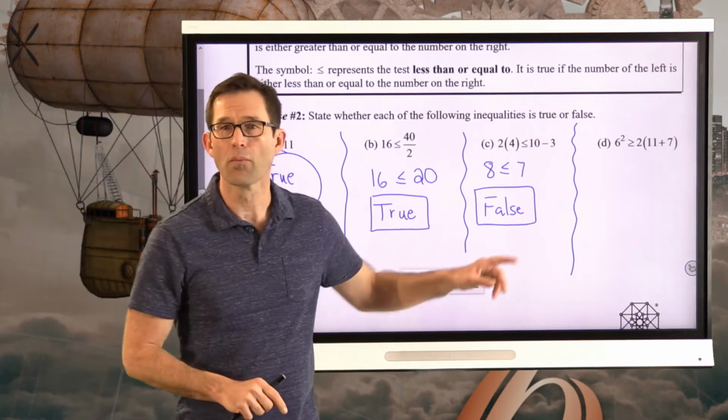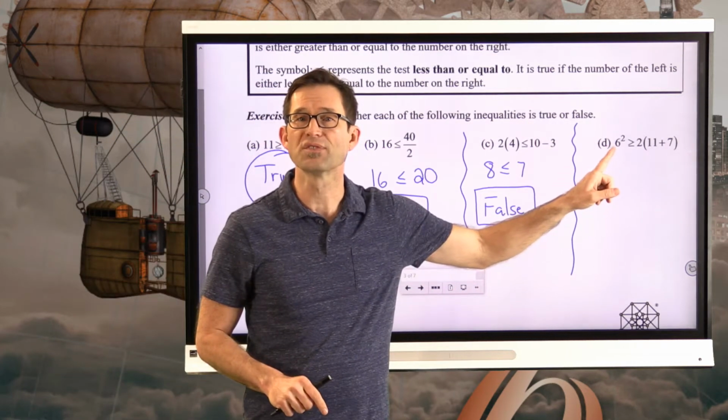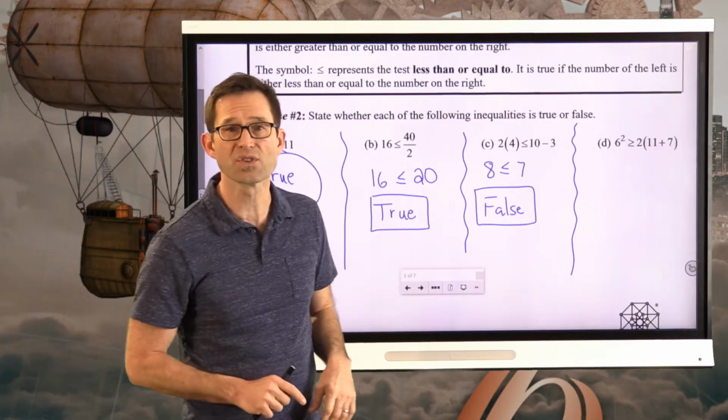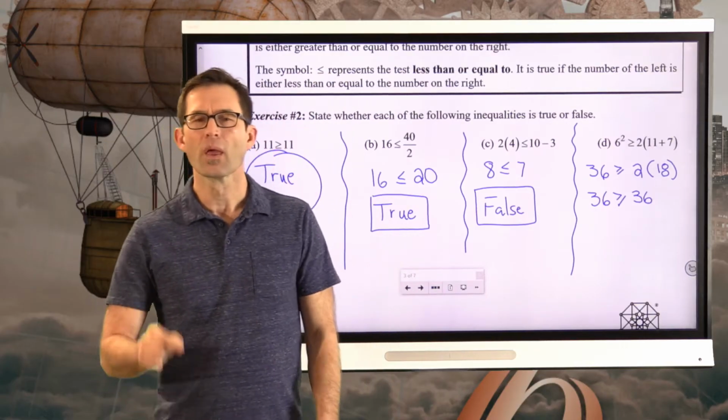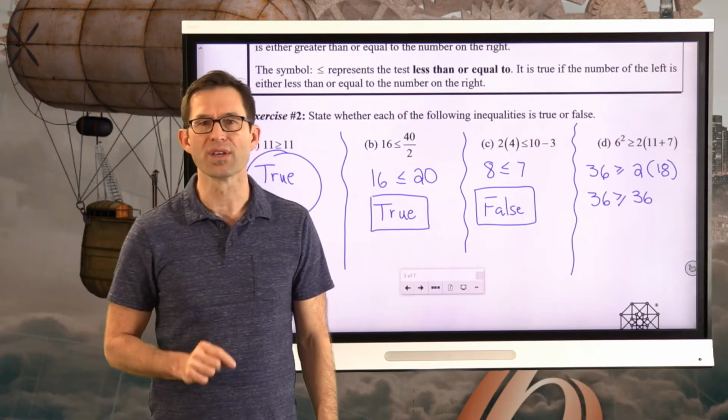All right. Now letter D. This one's going to take a little bit more work. On the left-hand side, we have 6 to the second power, or 6 squared. So 6 times 6 is 36, greater than or equal to 2 times, well, 11 plus 7 is 18. Now I have to figure that one out. 2 times 18 is 36. So now I look at that and I say, well, is 36 greater than 36?